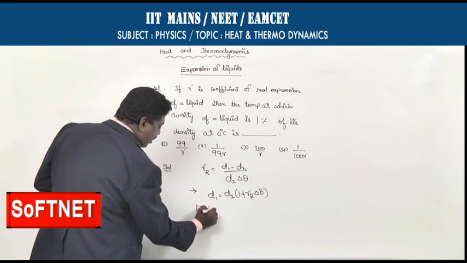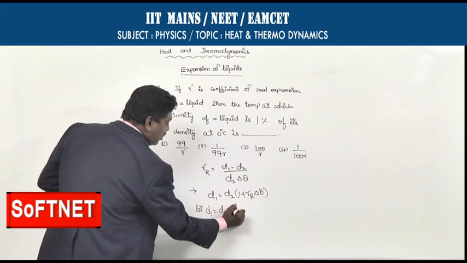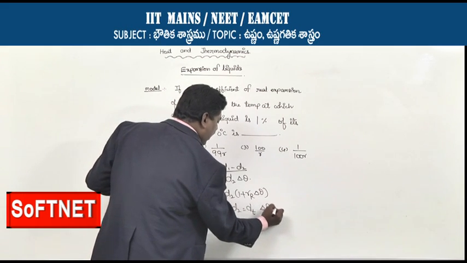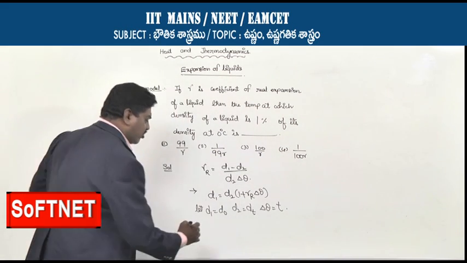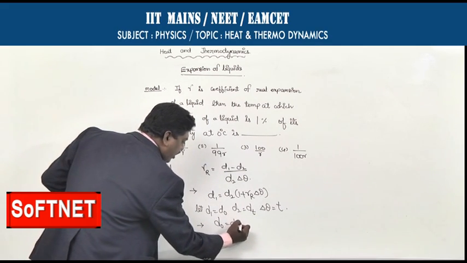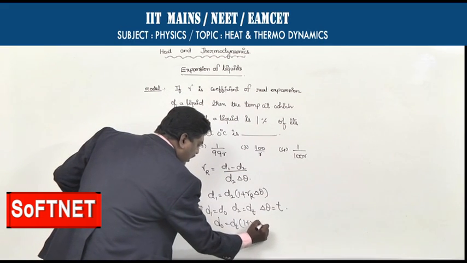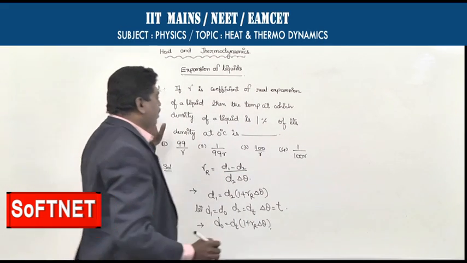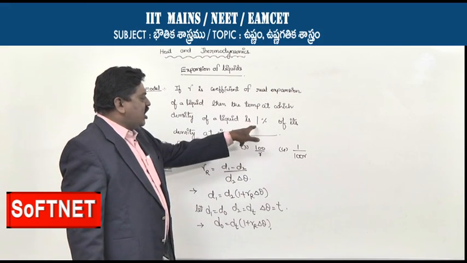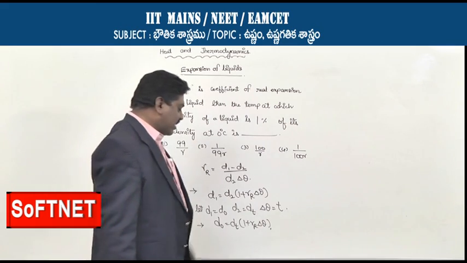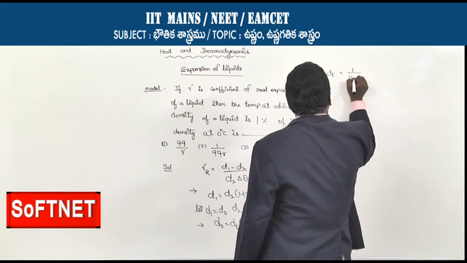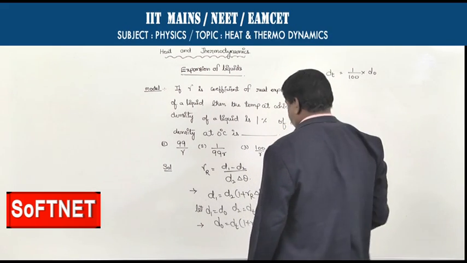Let d1 be d0, d2 be dt, and delta theta be t. In such case, we write this as d0 equals dt into 1 plus gamma r delta theta. But in the problem it is given that the density of liquid at a given temperature is 1% of the density at 0 degrees Celsius. So, dt is given as 1%, that is 1 by 100 of d0.